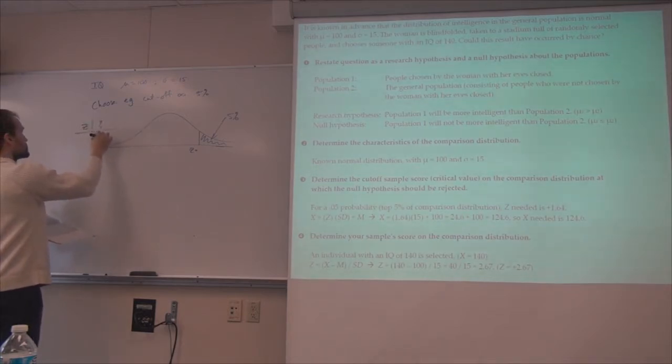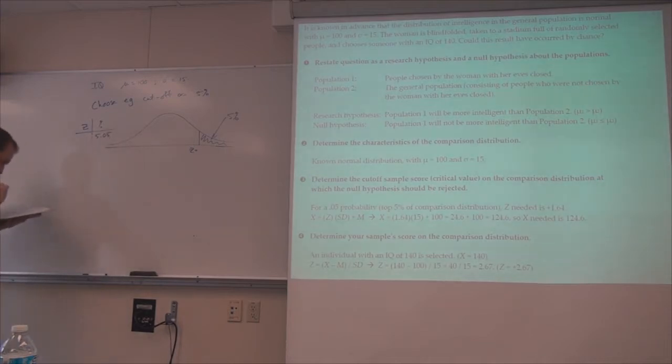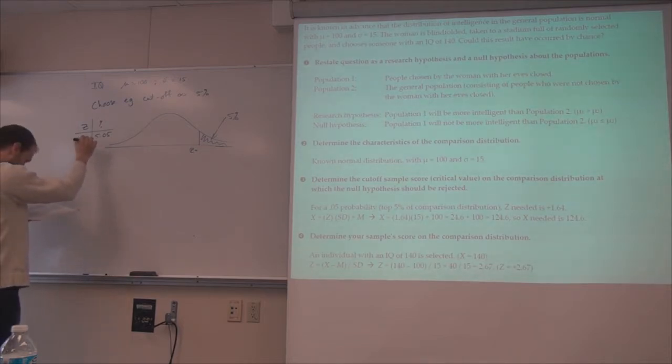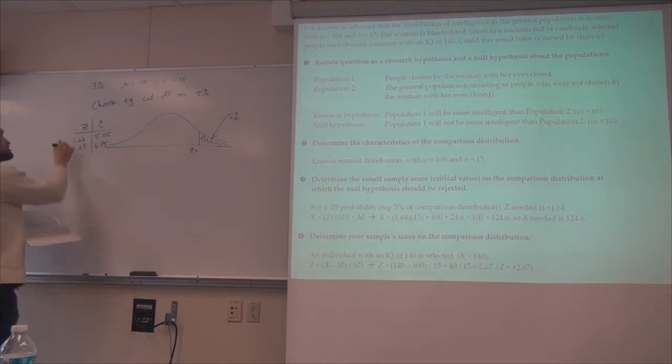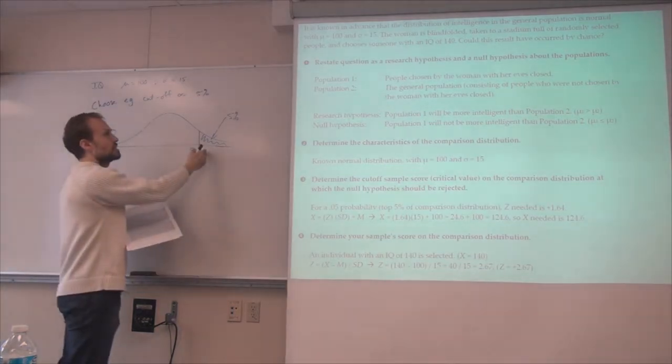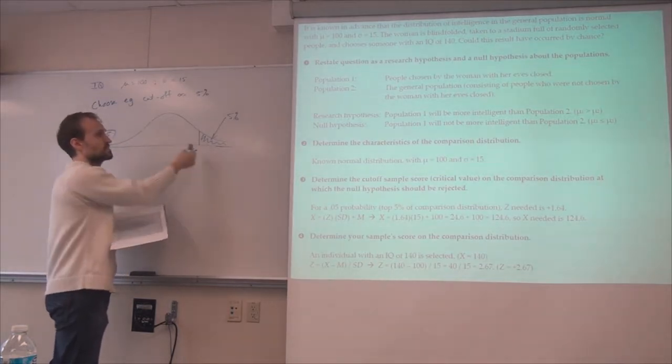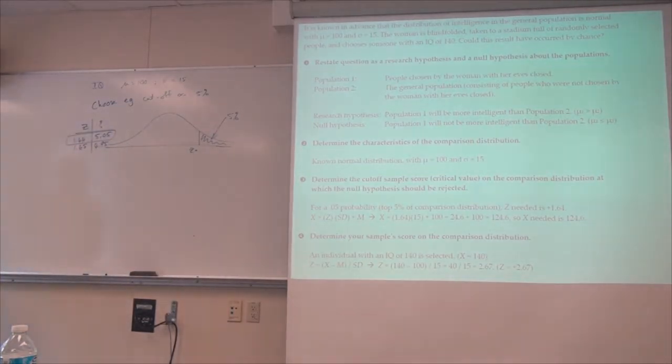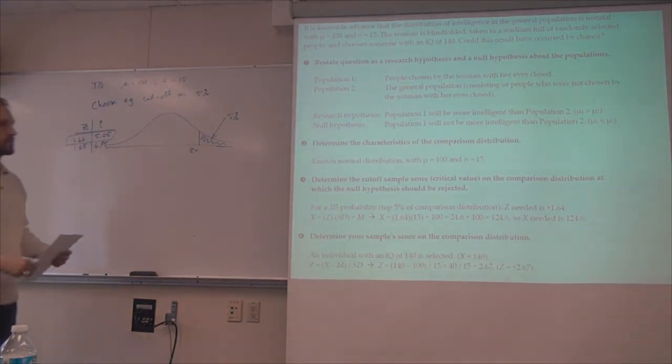I get 5.05 at, where am I now? 1.64, and I get 4.95 at 1.65. So in this case, I'll pick this one, because if I pick the other one, then my cutoff isn't really 5%, it's actually a little less. So I'll give her the benefit of the doubt, and I'll say, okay, I'll pick 1.64 for you.